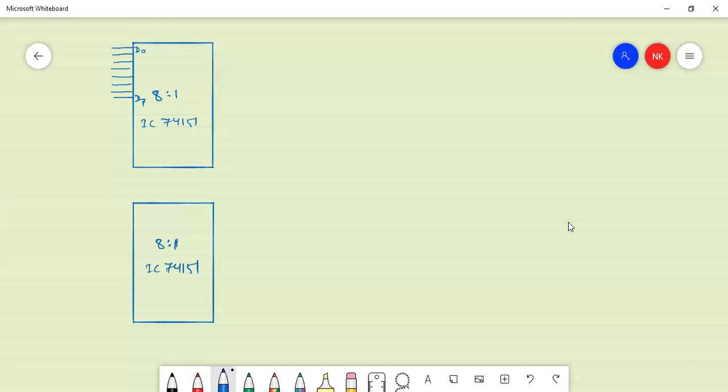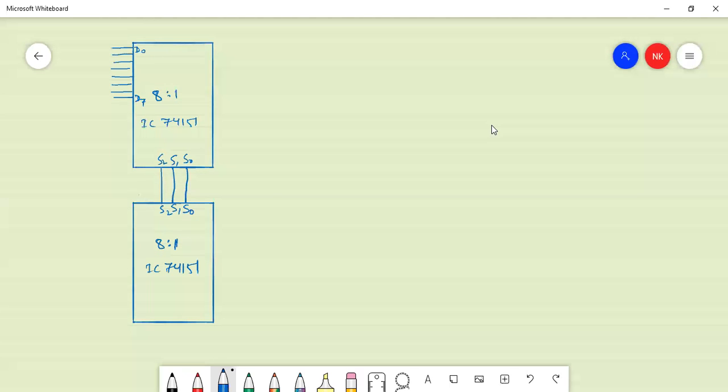ठीक है, तो जो सेलेक्ट लाइंस, क्योंकि ये 8:1 mux है, तो वी विल हैव 3 select lines, and those 3 select lines will be common for both of these ICs, like S0, S1 and S2. Again here also S0, S1 and S2, and the fourth select line will act as the strobe input.